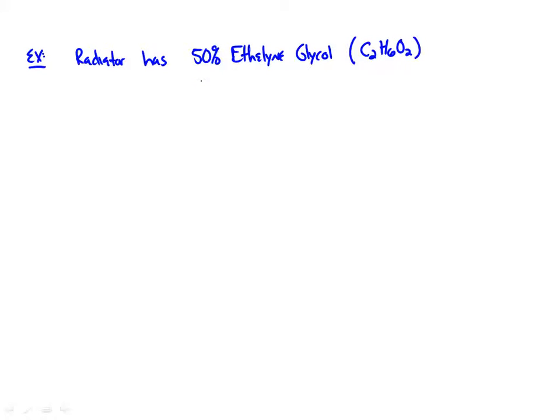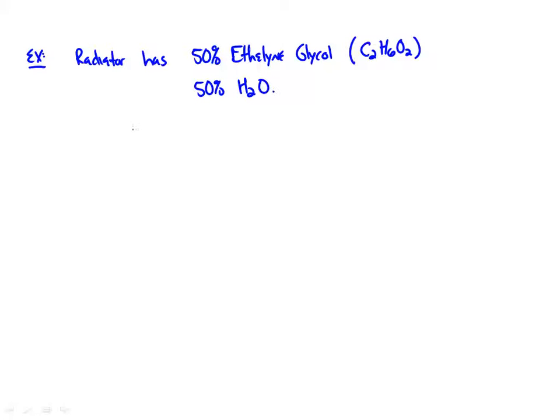So an example question would be like, if we have, say, our radiator has 50% ethylene glycol, which is C2H6O2, and it's 50% water.